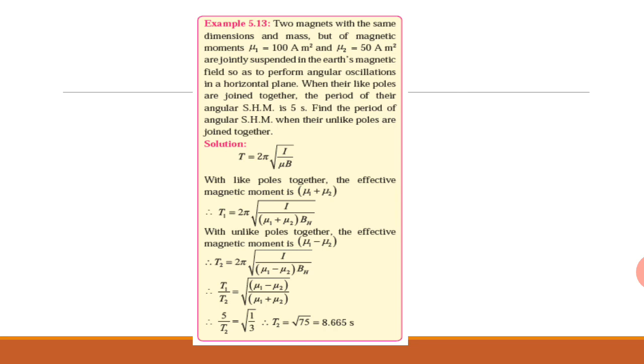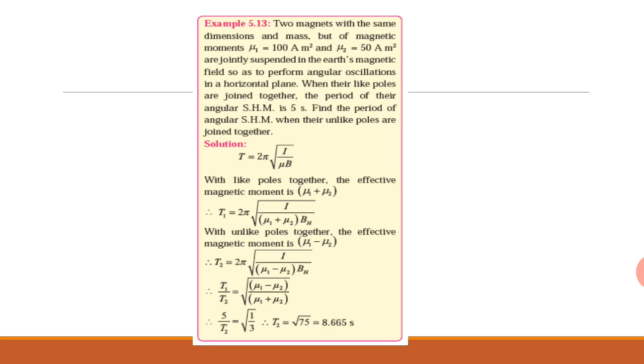This is another numerical. Two magnets with the same dimension. Now this kind of numerical is very easy to solve. We just have to take what things are the same, so that we can cancel them.